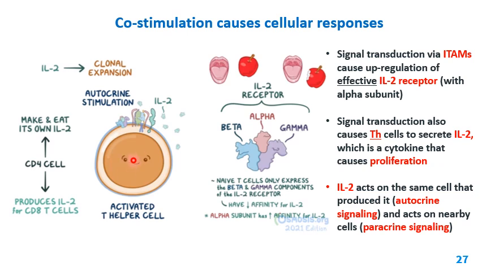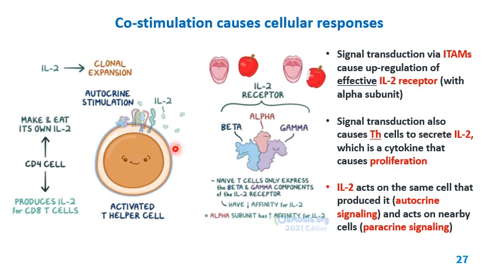This cell that got activated is not only going to make its good receptor, but it's also going to produce interleukin-2. It is making the ligand that is going to bind to its own receptor. So this is called an autocrine type of signaling. Since this cell is activating itself, it could be close to other cells that got activated and could make use of interleukin-2 if they have the proper receptor.